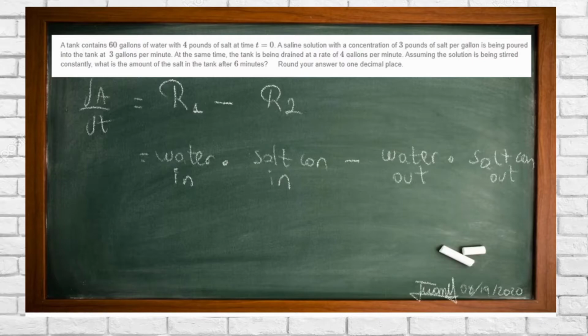But we know most of these values. The water in is 3 gallons per minute. It's right here. We also know that the concentration of the liquid entering our tank is going to be 3 pounds per gallon. So we note here that it's 3 pounds per 1 gallon.